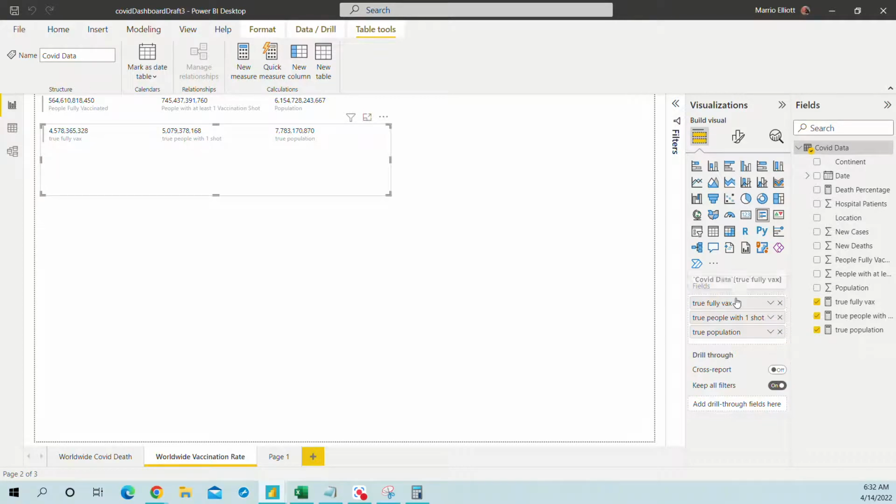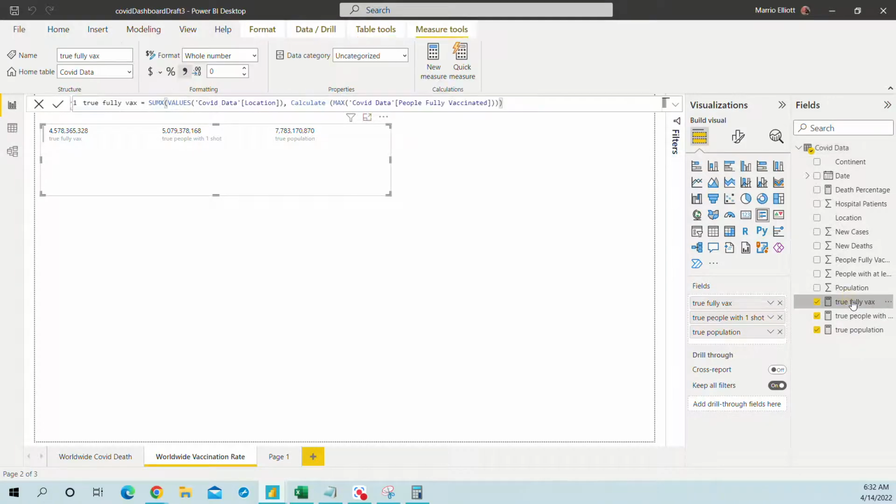We have to click the field within the table to see the calculation. We're using this SUMX formula, and what SUMX does is it takes two values: a table, and then a calculation.